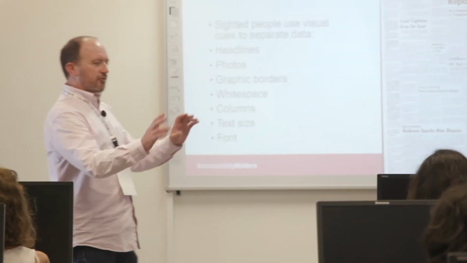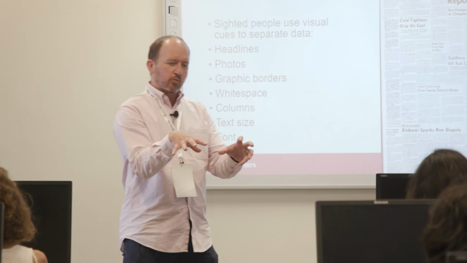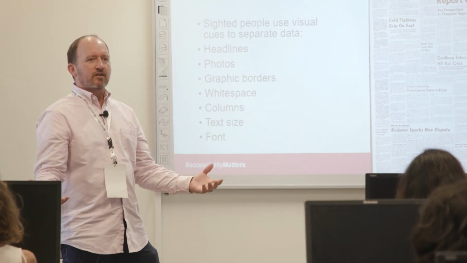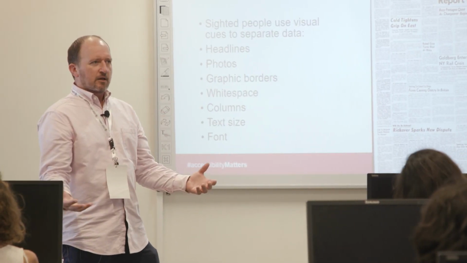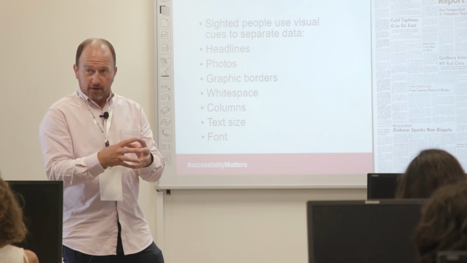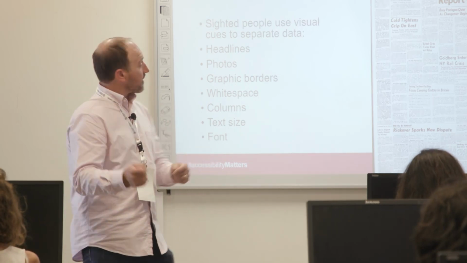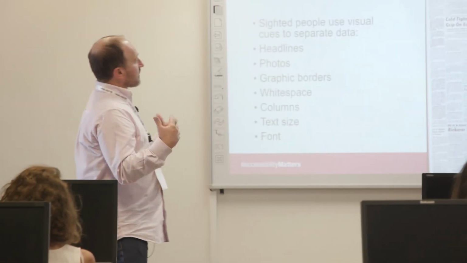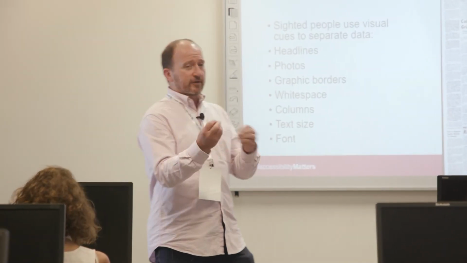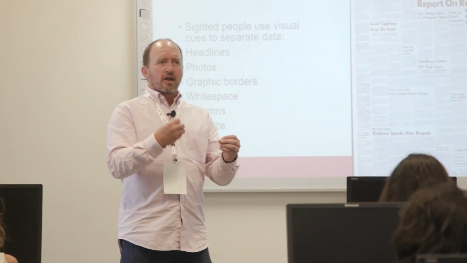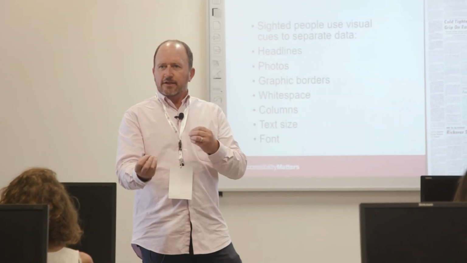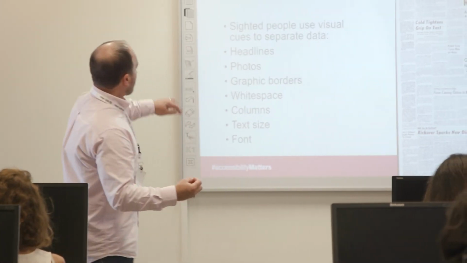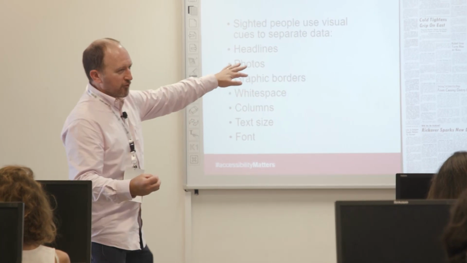So I want to talk to you for a second, before we dive into Microsoft Word, about how we process information, right? We take this for granted because we do it all the time, but as a sighted user, we use visual clues to understand what information is what, right? And we use things like headlines. I'm using a newspaper.